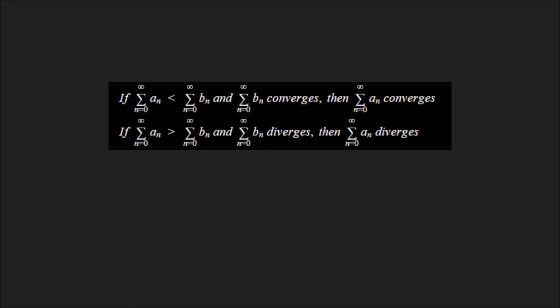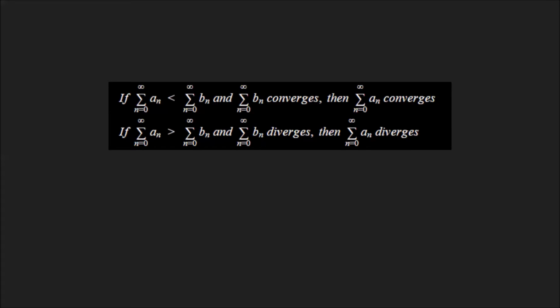You can memorize this by remembering the following phrases. Greater than a divergent diverges, and less than a convergent converges. So what does this mean? Greater than a divergent diverges: if a sub n is greater than b sub n, and b sub n is a divergent, meaning it diverges, then the series of a sub n diverges as well.